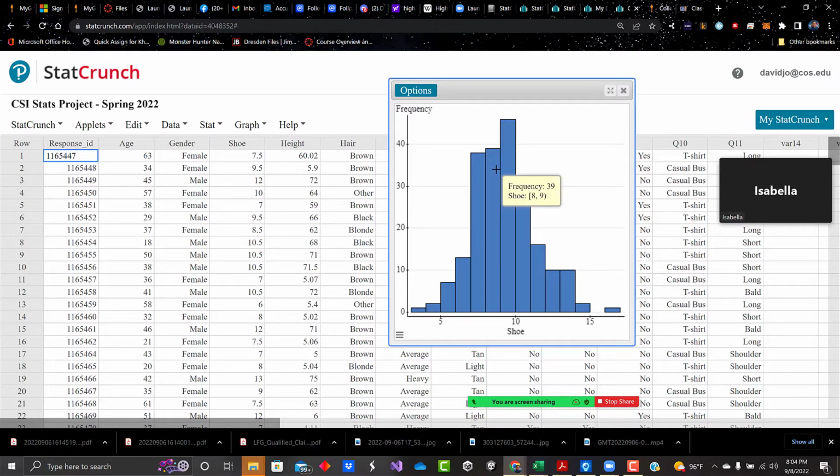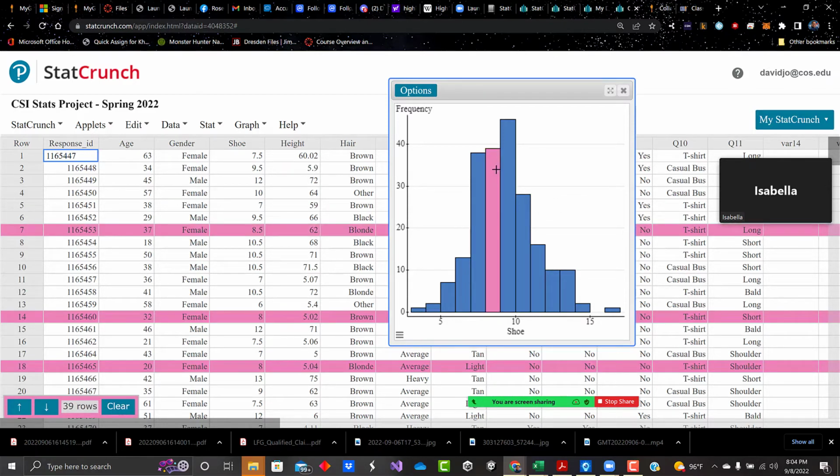StatCrunch does it this way. See the bracket and the parentheses? This column I am highlighting right here includes 8s and 8.5s, but not 9s.